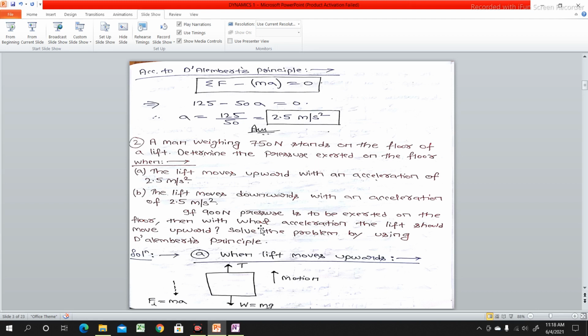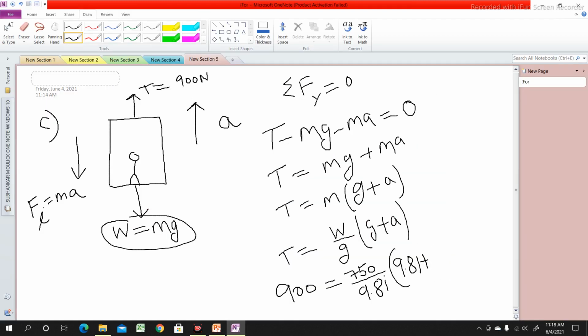A we need to find out in the problem. Read the last line of the problem. It is written that with what acceleration the lift should move upward. That means A we need to find out in this problem. So just solve this expression and you will get the value of acceleration A. And that A is 1.962 meter per second square.